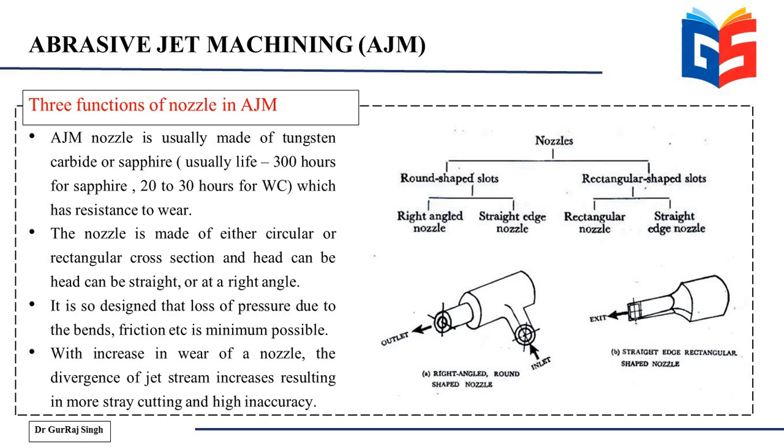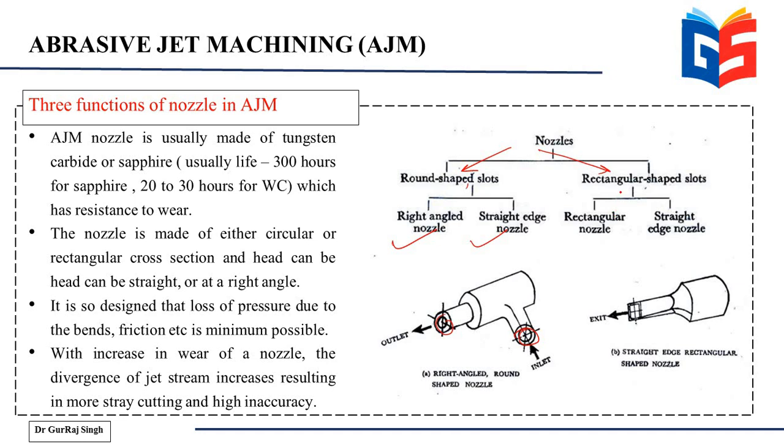Then, if I talk about the different types of nozzles, they can either be round shaped nozzles or rectangular shaped nozzles. This is decided on the basis of the slots that are there, so you have either round slots or rectangular slots. Further, they are split into either the right angled nozzle or the straight edge nozzle.